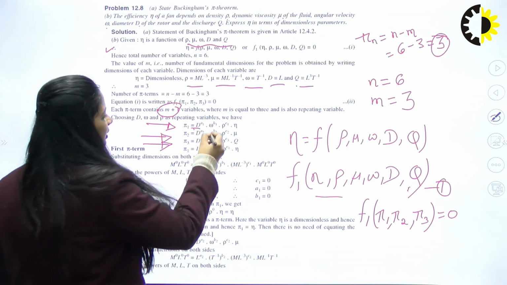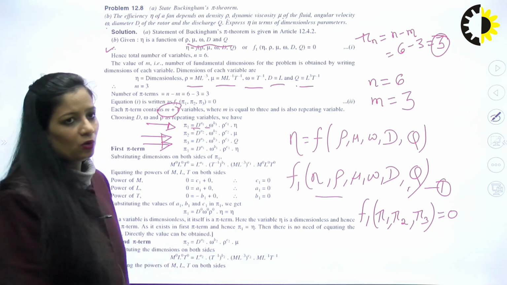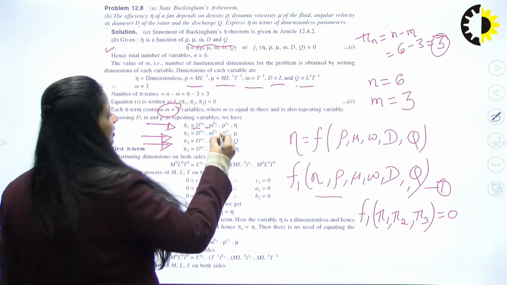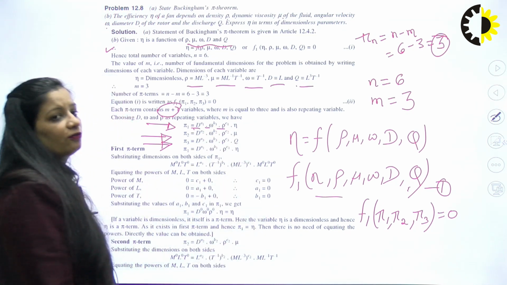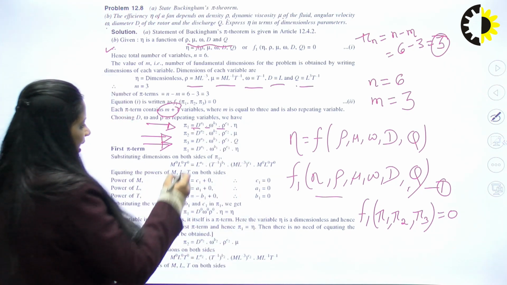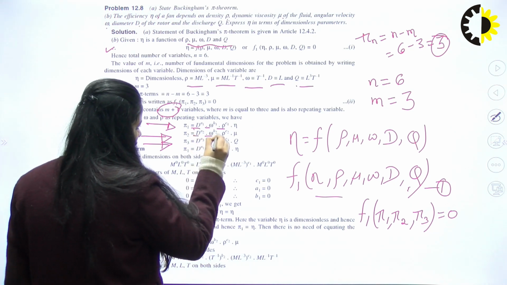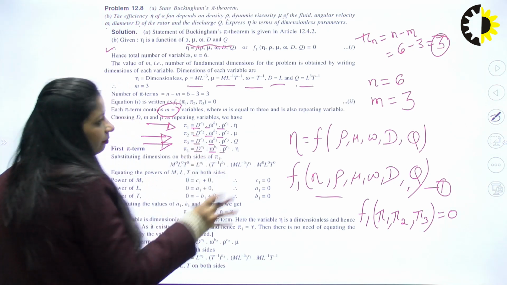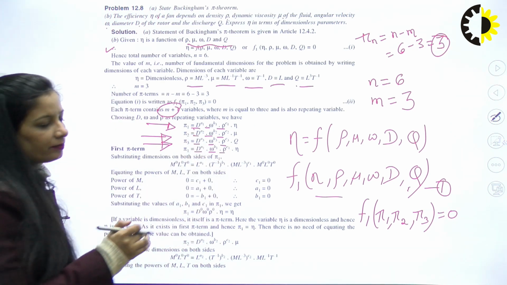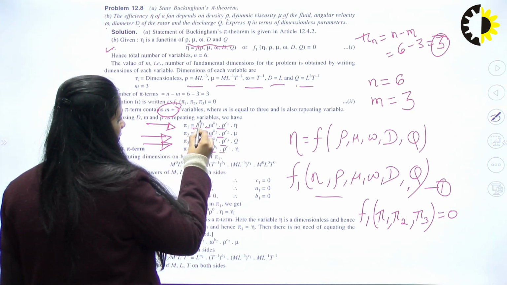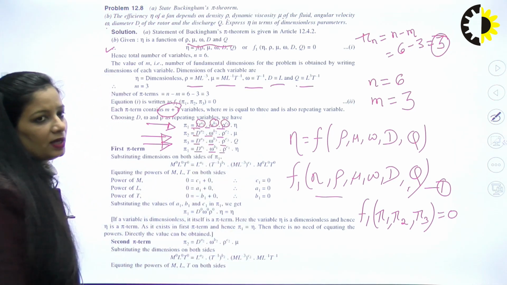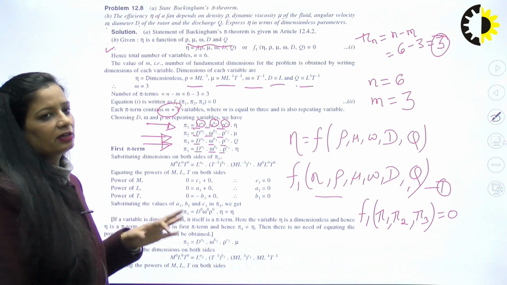The second variable is omega, obviously a flow property, and the third is rho, which is a fluid property. So this question has chosen these 3 repeating variables, and we have assigned exponents a1, b1, c1.